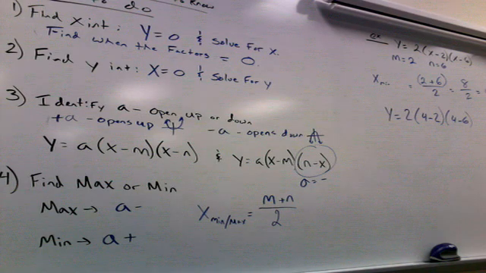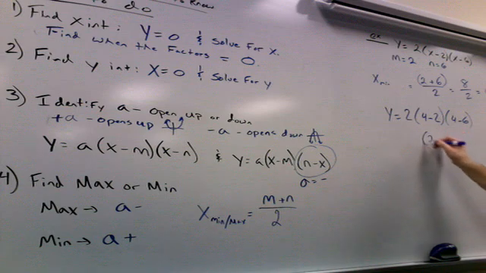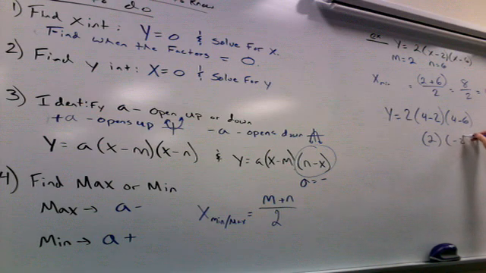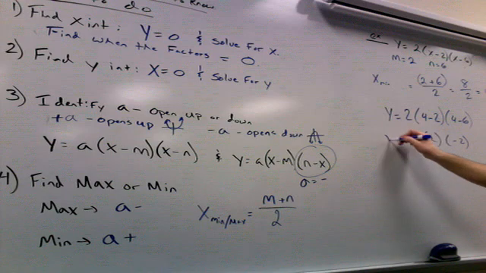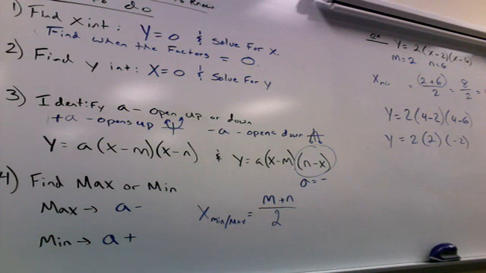Okay? So what's 4 minus 2? 2. What's 4 minus 6? Negative 2. 2 times 2 is? 4. 4 times negative 2 is? Negative 8.